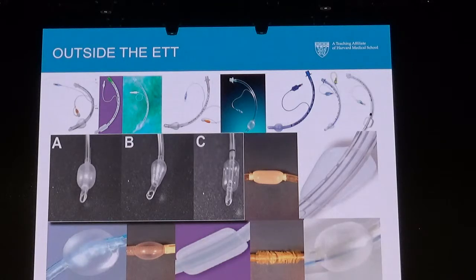Which means that every time you inflate the cuff, the cuff is always going to be larger than the diameter of the trachea and will always make some microfolds around it. And these microfolds always allow drainage of secretions around the cuff itself.